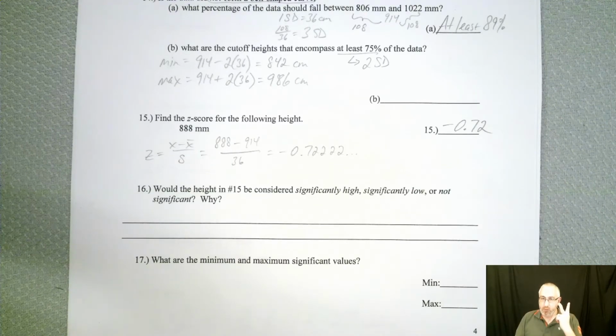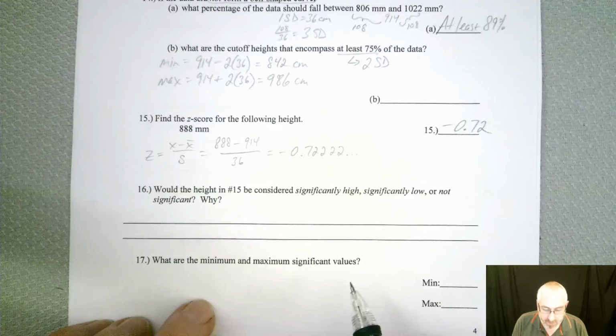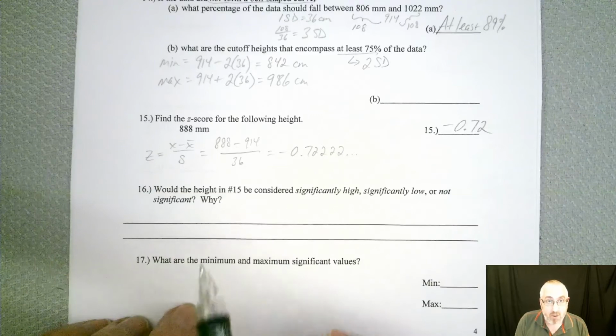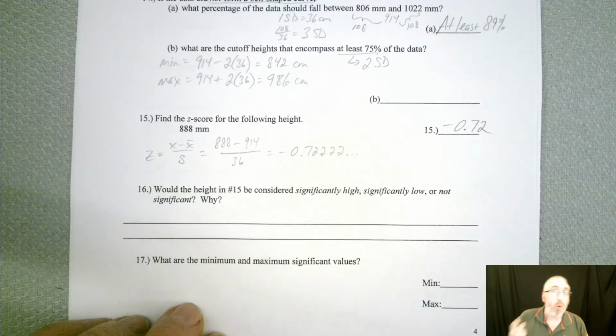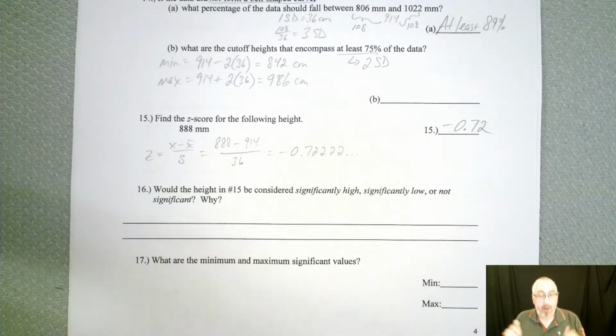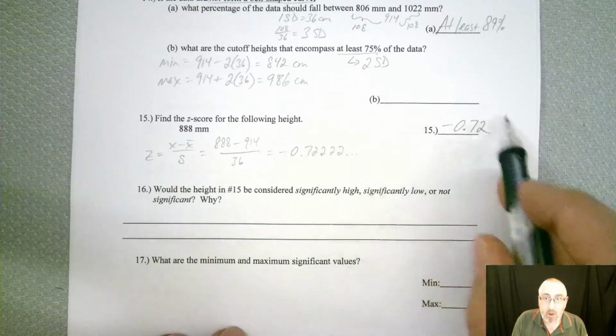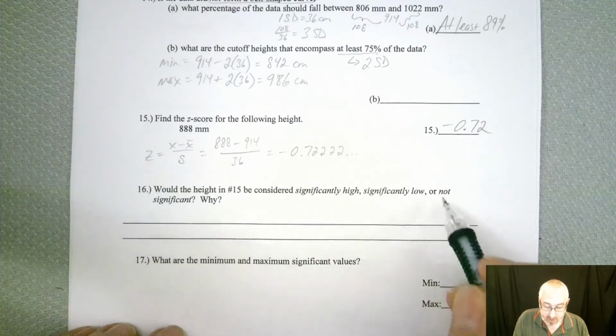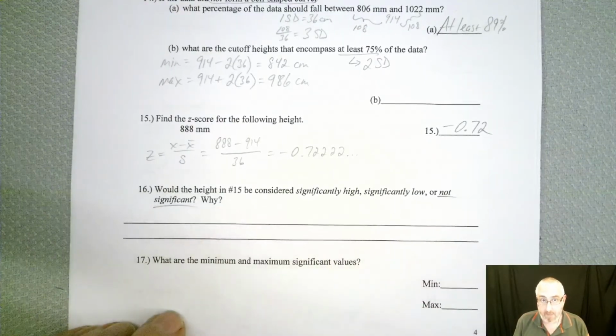Hopefully you remember it's 2 standard deviations away. So essentially, if you're 2 standard deviations away, that means you have to have a z-score of 2 or negative 2. But in this case, this z-score is in the middle between those 2 cutoffs, negative 2 and positive 2. So in this case, it should be not significant.